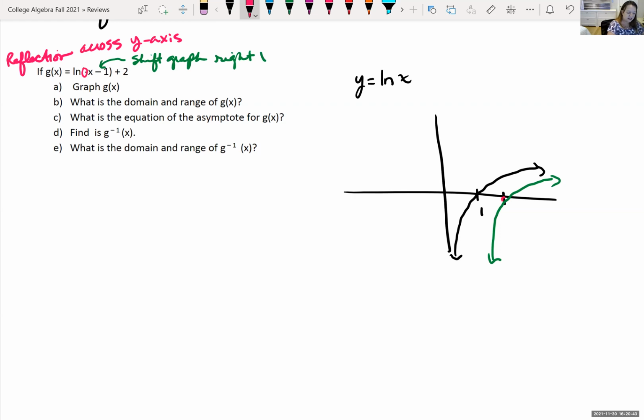So if I take this point that was at 2, 0 and reflect it across the y-axis, my graph now looks like this. This point that was at 2, 0 is now at negative 2, 0.